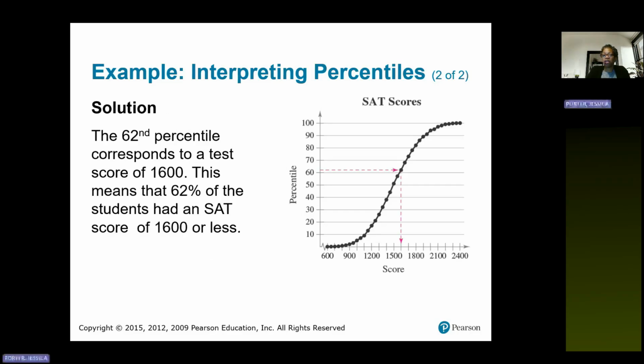Well, we need to draw a line to the 62nd percentile to its respective score. So that corresponds to the 1600. So 62% of the students had an SAT score of 1600 or less.